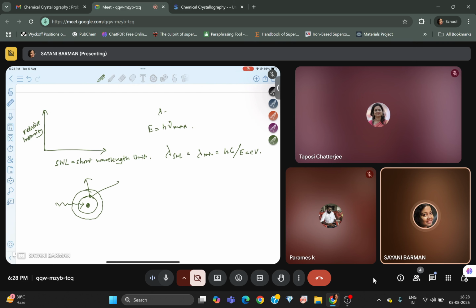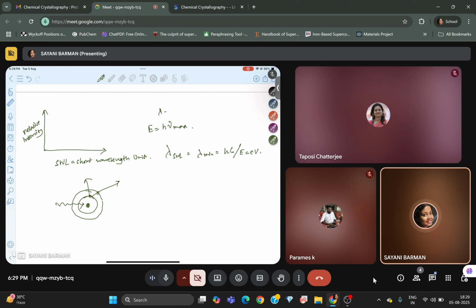Only from the inner shell does the electron get ejected, and those are considered the characteristic X-rays. Also, in energy dispersive X-ray spectrum collection, you will only be collecting the characteristic wavelength, which will tell you which atoms are present.